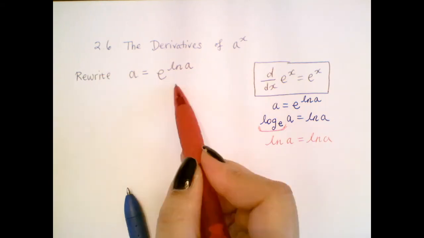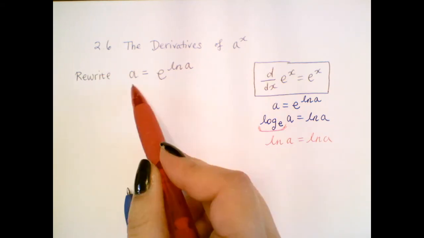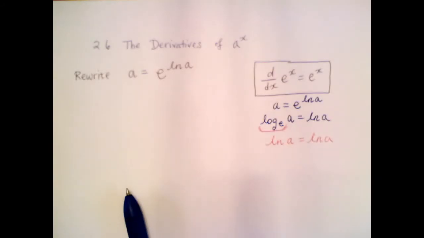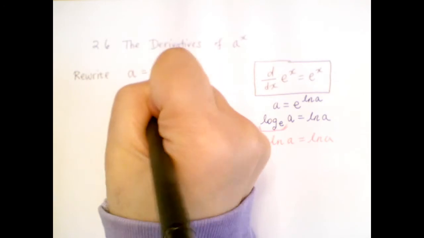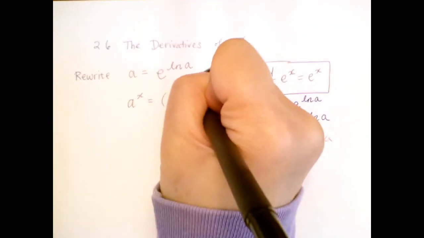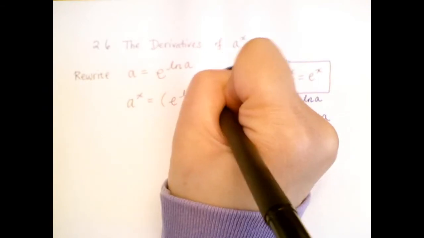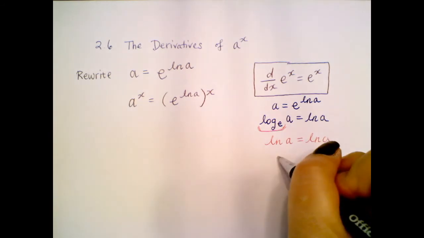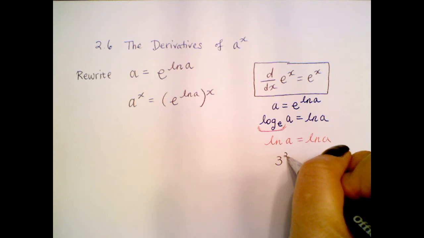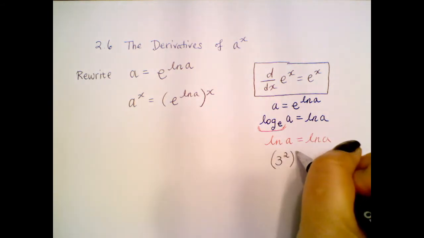Now take both sides and raise both sides to the x power. Then I can have a to the x power equals e to the natural log of a, raised to the x power. But real quick, let's make up a random example: 3 squared, and I ask you to raise that to the 5th power.